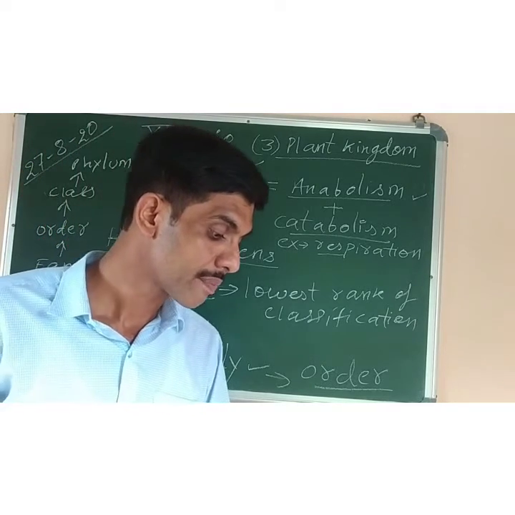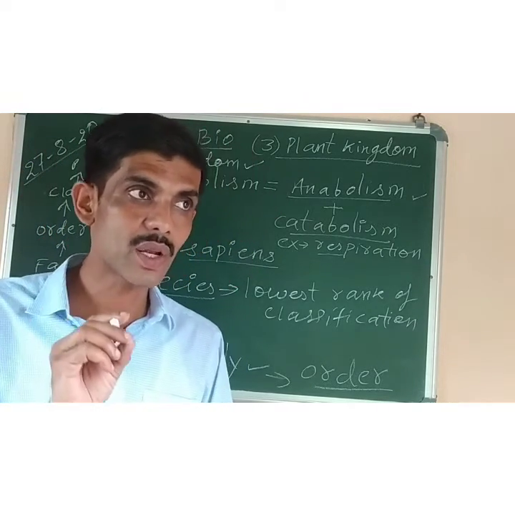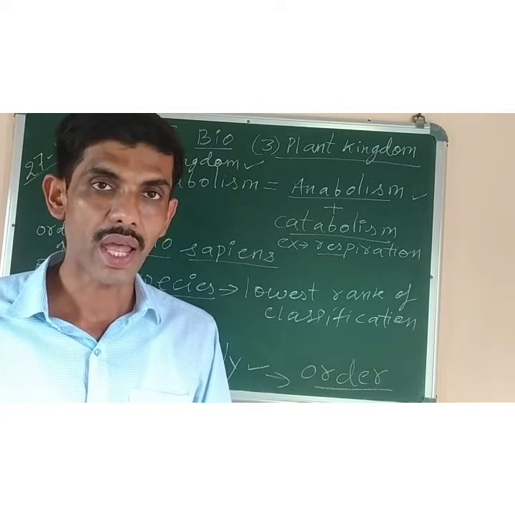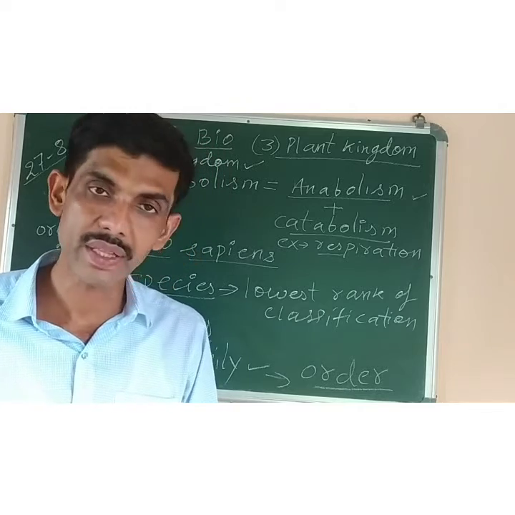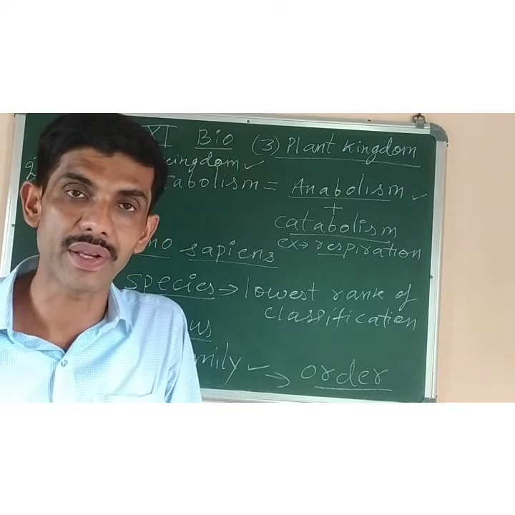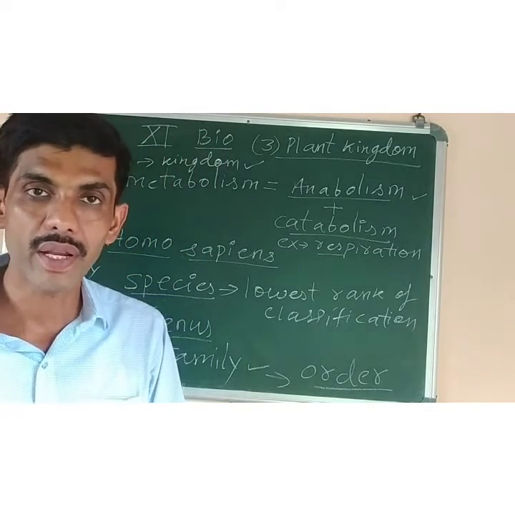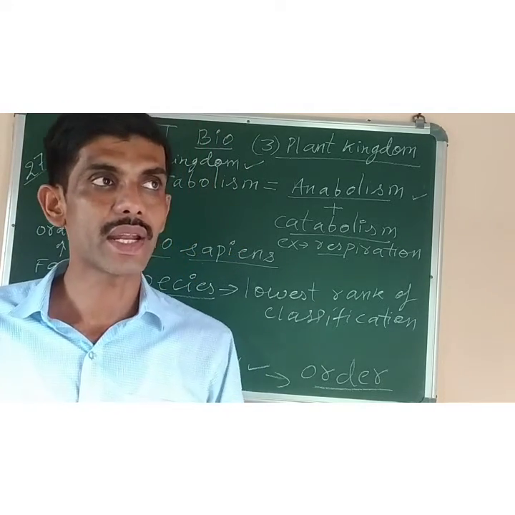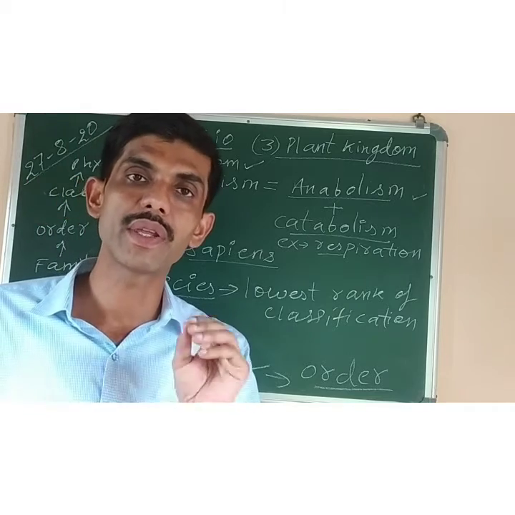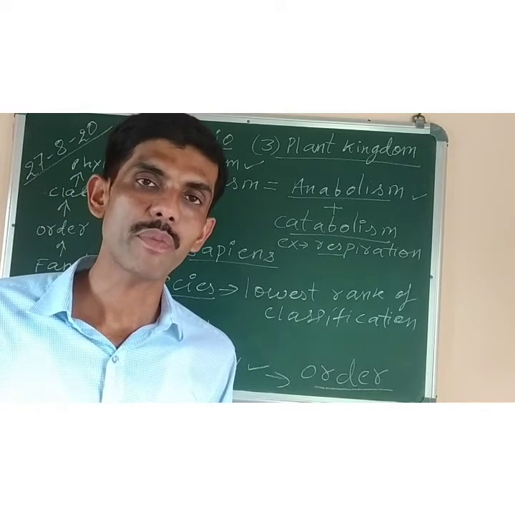Then comes fungi. Fungi have a cell wall which is without cellulose, and their mode of nutrition is heterotrophic, that is, either they can be saprophytic, meaning they feed on dead and decomposed matter, or parasitic, that is, living on the body of the host and deriving nutrition from it.